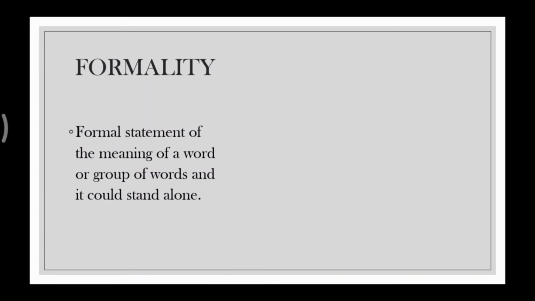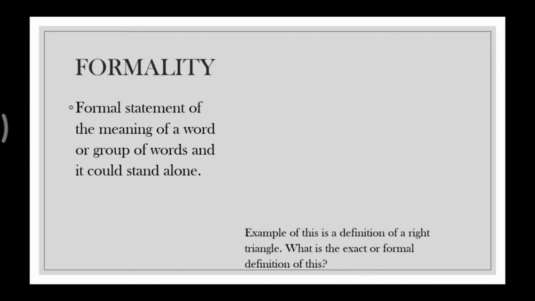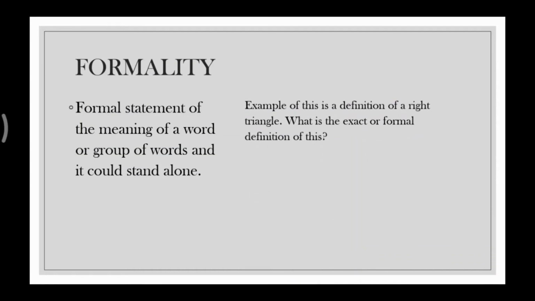Formality. A definition is a formal statement of the meaning of a word or group of words, and it could stand alone. An example of this is a definition of a right triangle. What is the exact or formal definition of this?